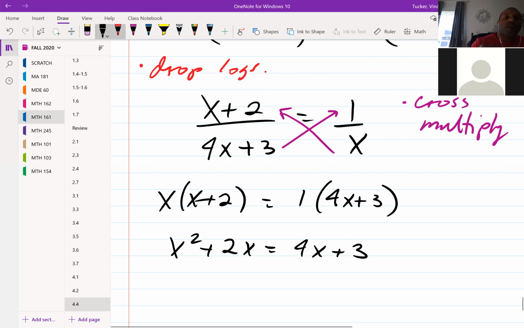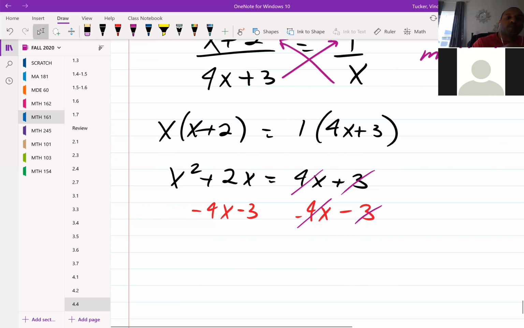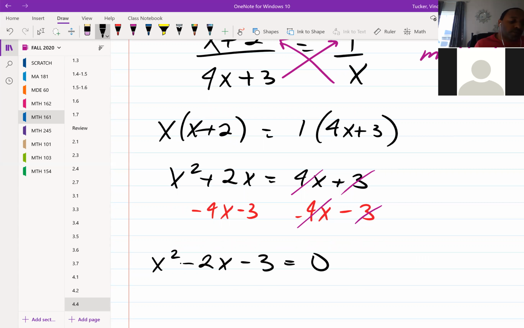Now we can solve the quadratic equation by setting one side equal to 0. So 2x minus 4x is negative 2x. And the minus 3, we couldn't combine with anything.